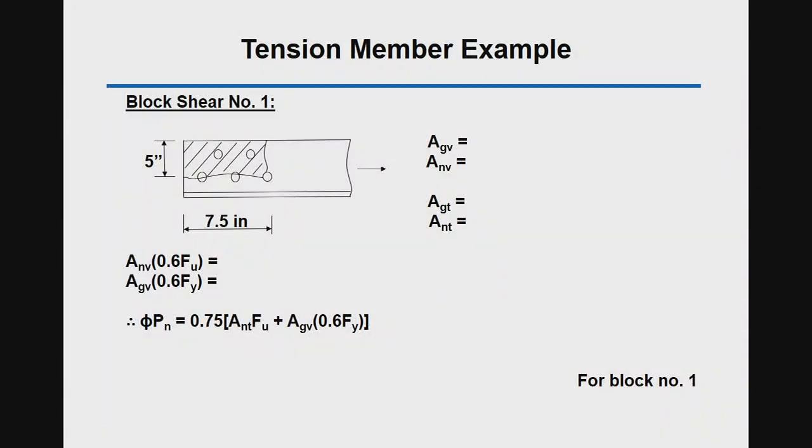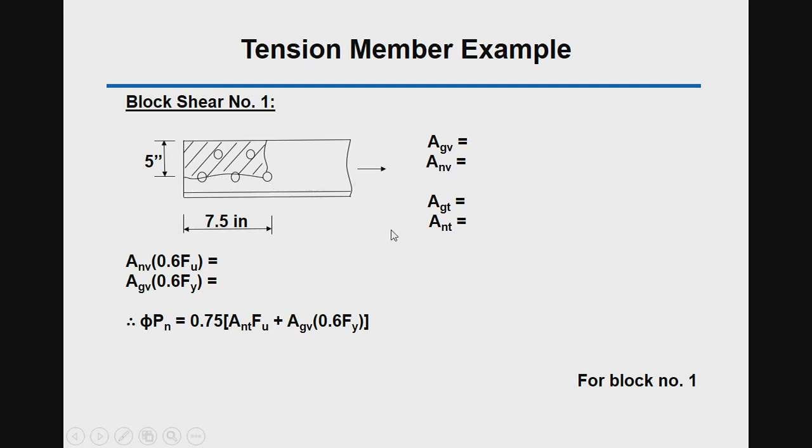Okay. So first of all, we want to check the VPN based on block shear number 1. There's going to be tension fracture along this cross section, and the member is going to be sheared off by the horizontal section, right?